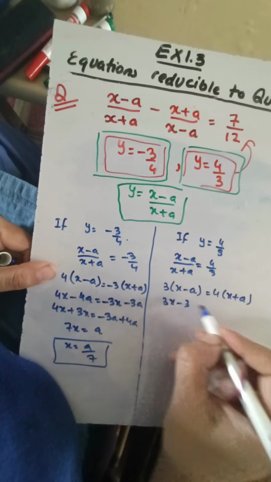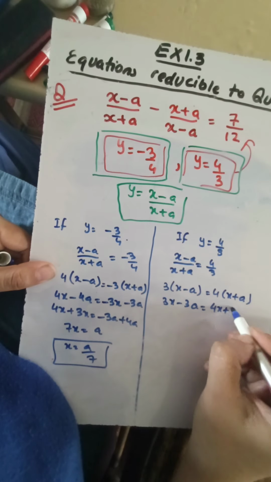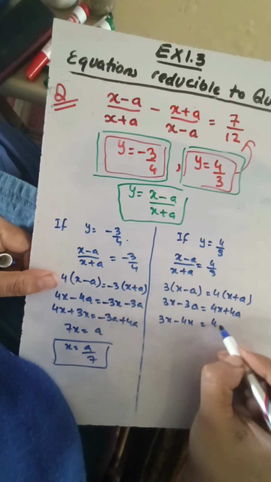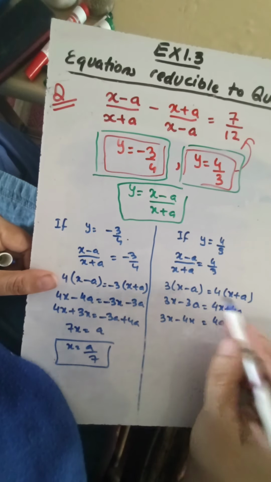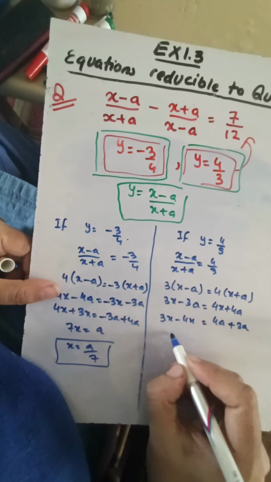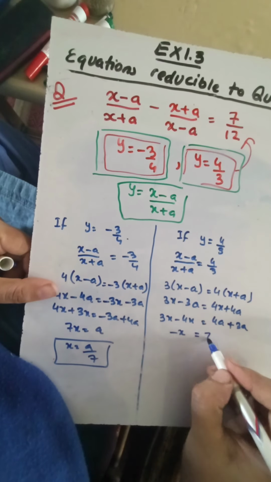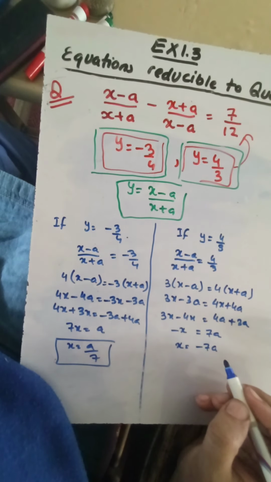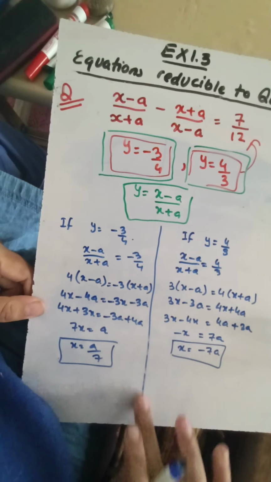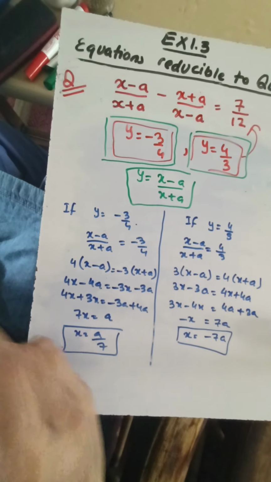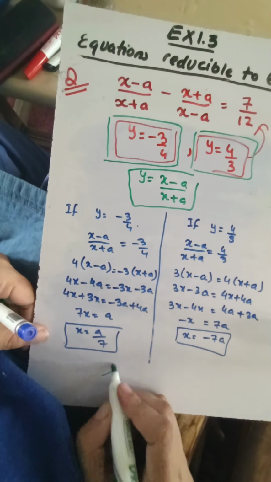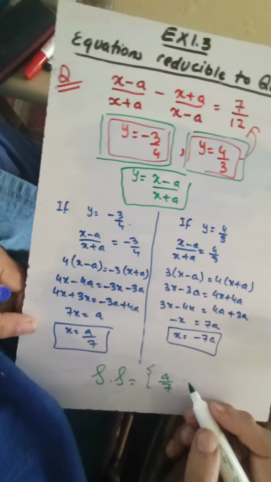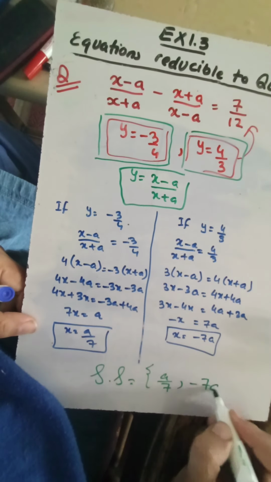Opening the bracket, now just shifting 4x to the left hand side and 3a to the right hand side, we get negative 7a equals 7x, and x will be equal to negative 7a. Okay, so these are the values of x that we wanted to find. So the solution set will be a by 7 and negative 7a.